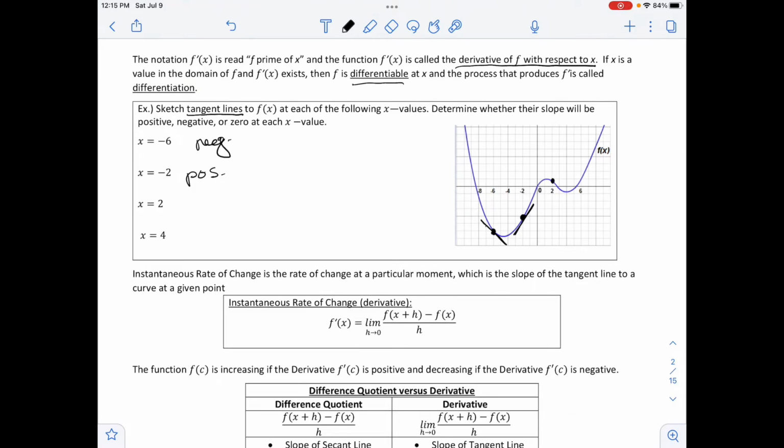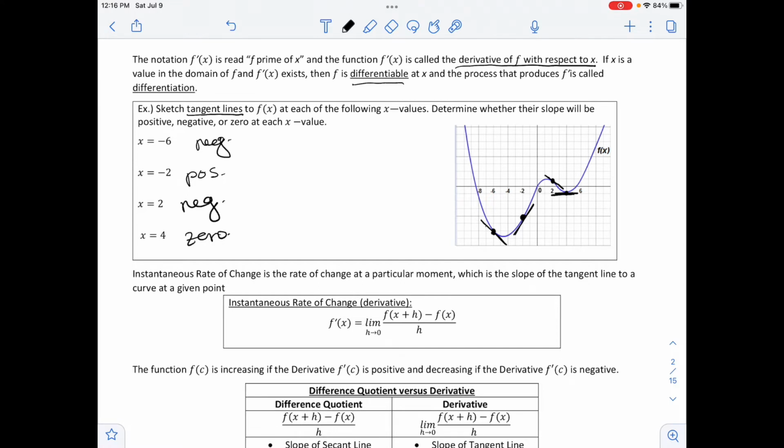At 2, I'll put a point on my graph and draw my line, and this tangent line also has a negative slope. The next one is when x is equal to 4, which is a minimum on that graph. The tangent line is horizontal there, and the slope of a horizontal line is 0.